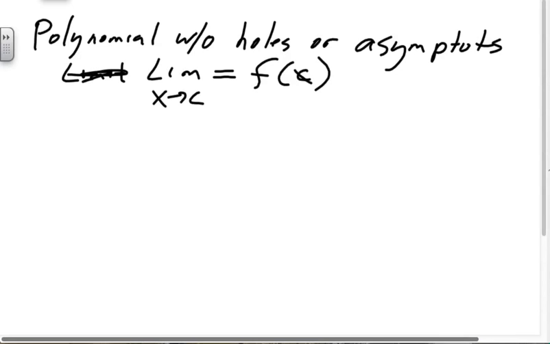Now remember, these are the same number, but they're not the same idea. Because again, this is just what happens as it approaches it. This is what the function is.